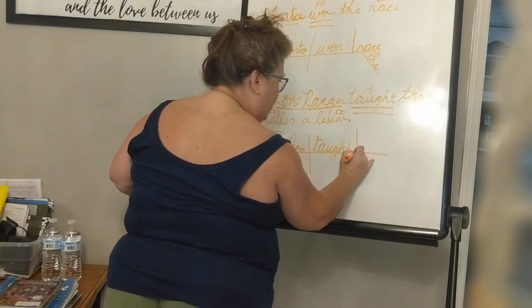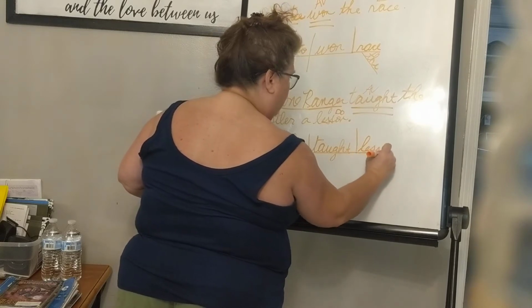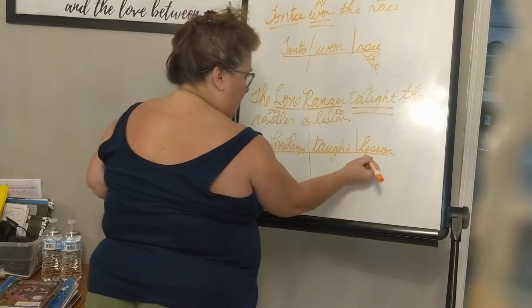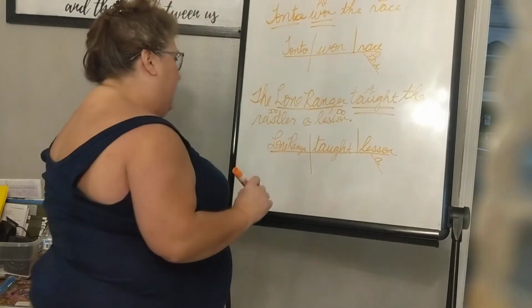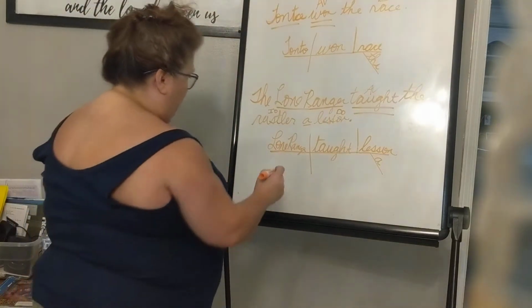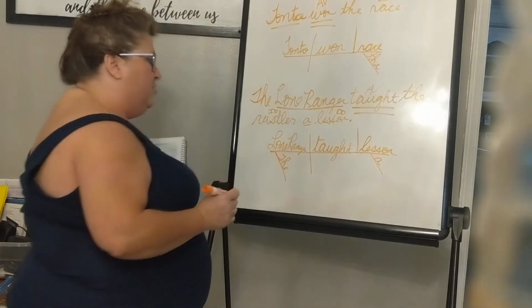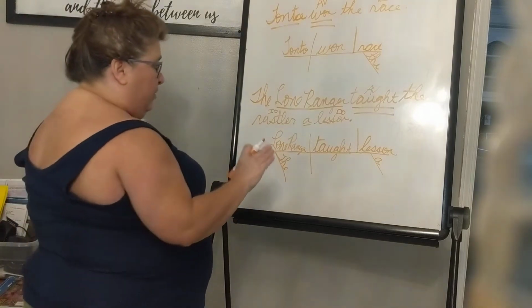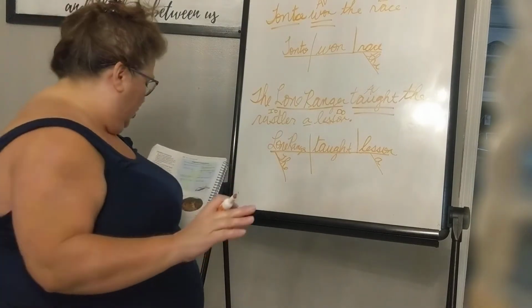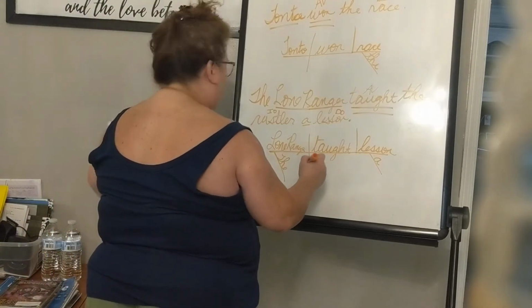Our direct object, our vertical line stops on the line. He taught lesson, and a is our adjective that goes under lesson. Okay, now our indirect object, and the would go under Lone Ranger. Our indirect object is always diagrammed under the verb as if it were a prepositional phrase, okay? So on the line, we come down.